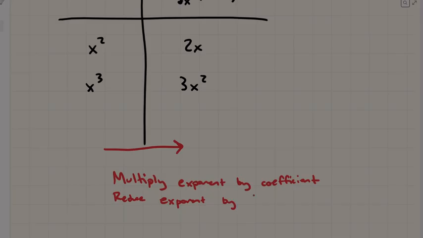So this 2 gets multiplied by the 1 and becomes the coefficient, and then it reduces by 1 to have the exponent of 1. The 3 multiplies by the 1 that was the coefficient there. And so that's why the coefficient becomes 3. And then it reduces by 1 to become a 2.